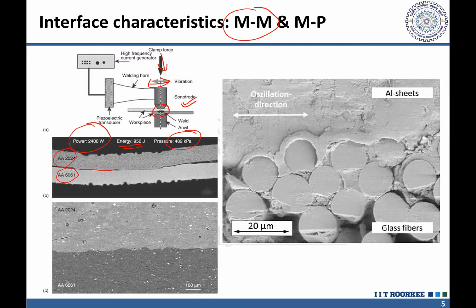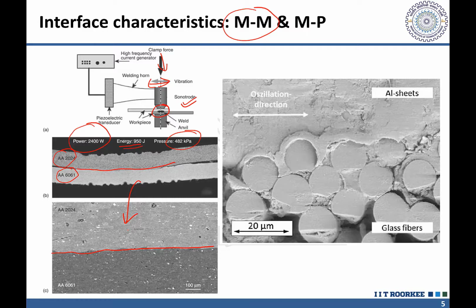So this is the kind of joint morphology we get. At high magnification we see this is mostly a flat joint interface morphology with a little bit of intermixing between the two metals.